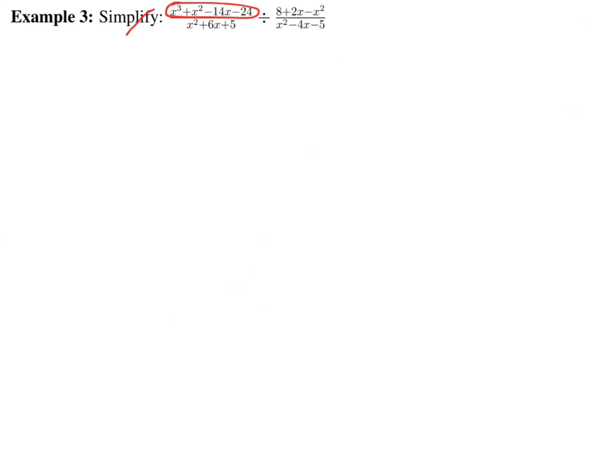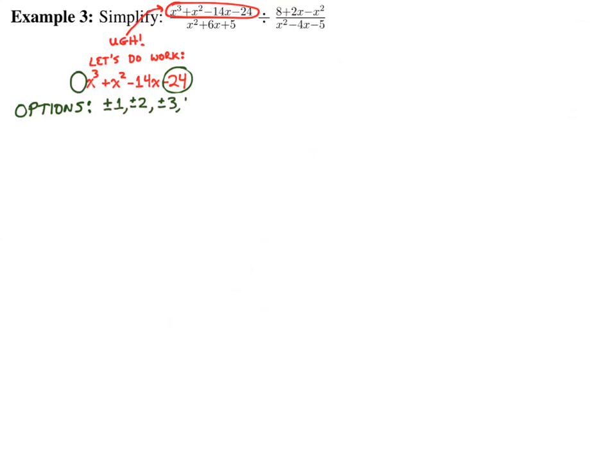Do you see that first thing? x cubed. All right, let's get to work. We have to do factors of 24. Because the constant is 24 and the leading coefficient is 1, we have 1, 2, 3, 4, 6, 8, 12, 24, plus or minus.